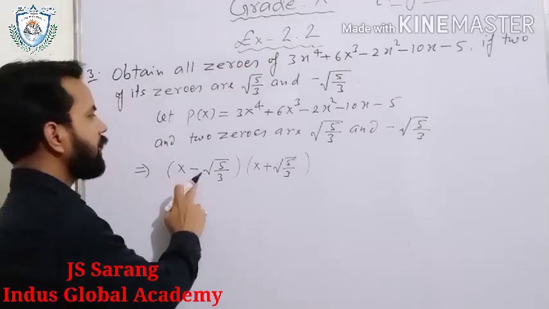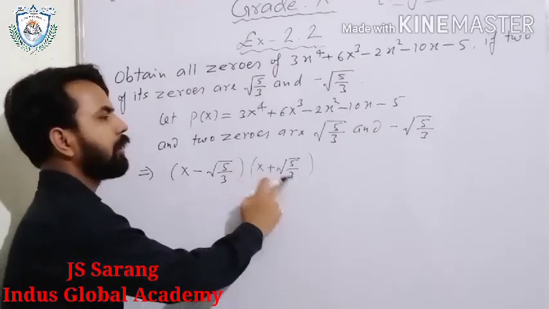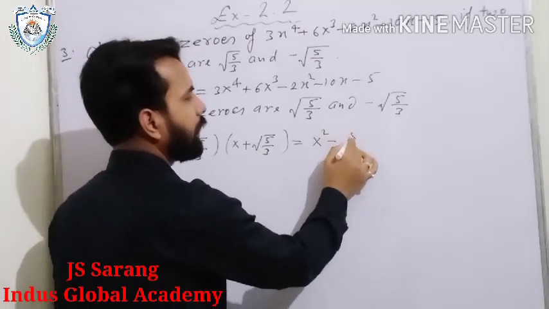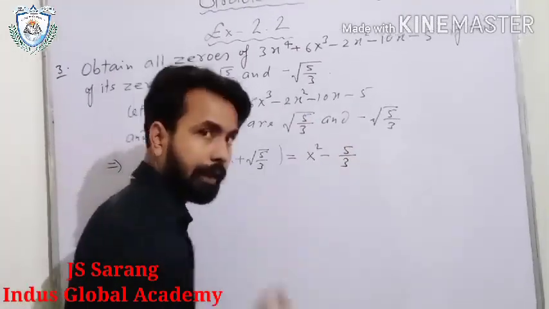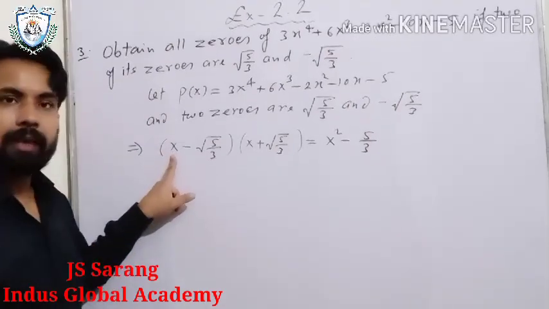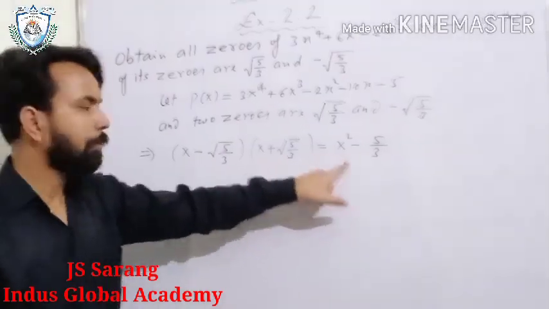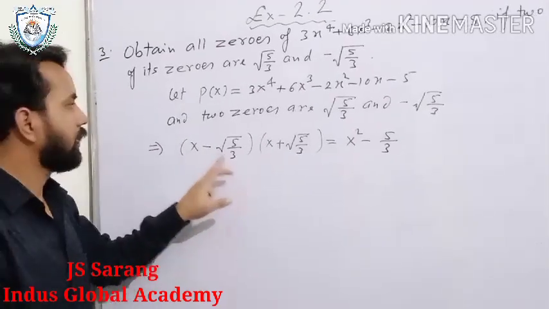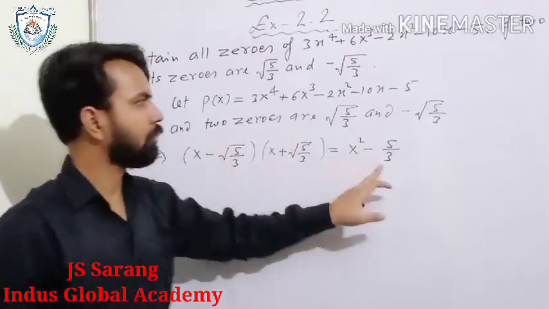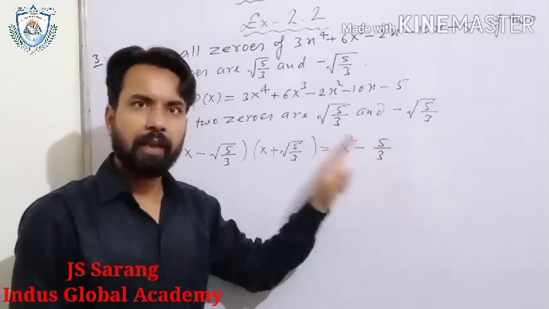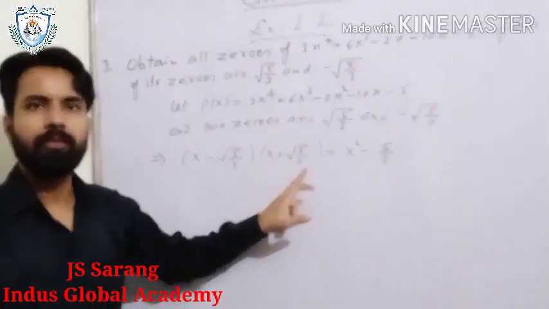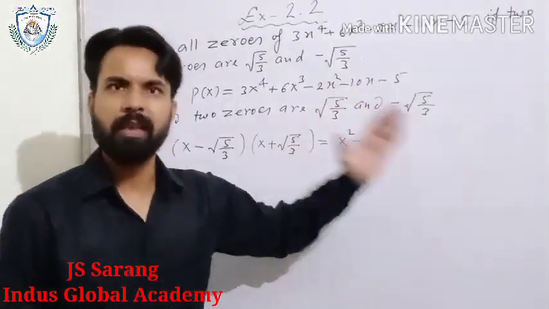So x minus under root 5 upon 3 into x plus under root 5 upon 3 will be x square minus 5 upon 3. In place of a there is x, so it will be x square minus b. In place of b there is under root 5 upon 3, so b square. The square root symbol will be removed. So what we will get? 5 upon 3. Here we use the identity of a minus b and a plus b, which is equal to a square minus b square.